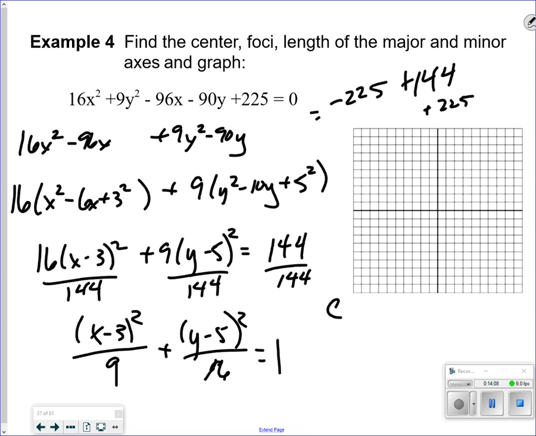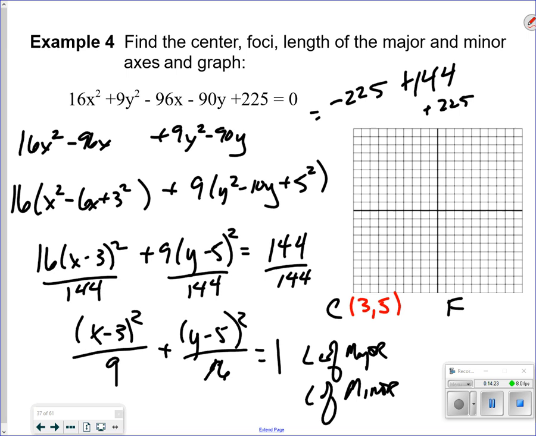4 questions. Center, foci, length of major, length of minor. Let's graph it. So the center is at 3, 5. Under the x is a 9, so I'm going to go left and right 3.